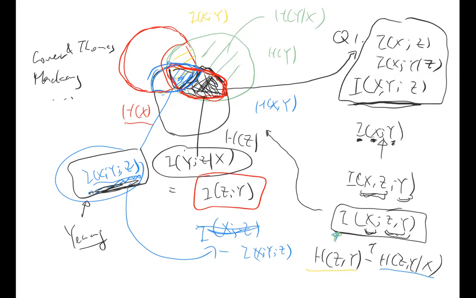For example, when I say mutual information of X and Z, that is the amount of information shared by X and Z. So if I define I(X;Y;Z), it's very natural to think this will be the amount of information shared by variables X, Y, and Z.